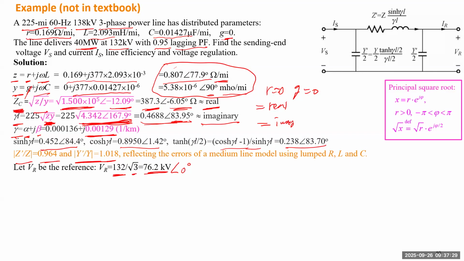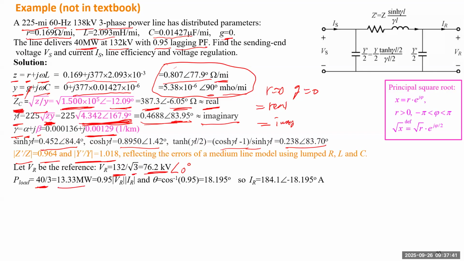The power for each phase will be the total three-phase power divided by 3, that's 13.33 megawatts. In this calculation, because we are going to calculate the efficiency and voltage regulation, it doesn't matter whether you calculate for all three phases or just one phase. So here we just change the voltage, current, and power into the values for each phase.